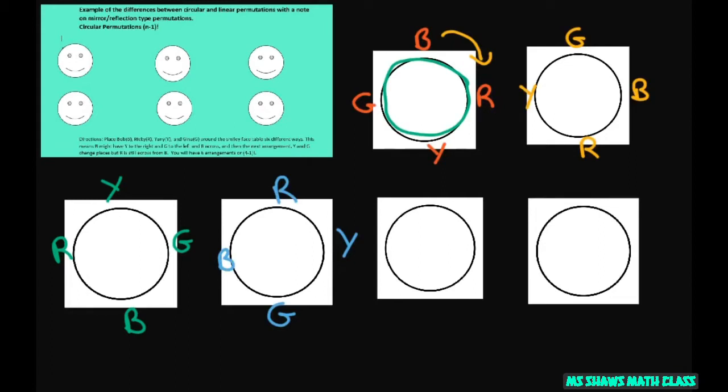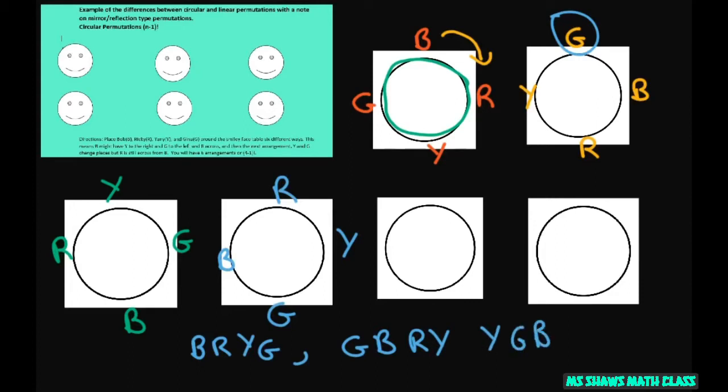Now, if they were linear, for the first one you would have Bob, R, Y, G. I'm just going to say the letters. You would have that one, then you would have, starting at the top, the starting part. And then you would have R, Y, G, B. You would have 4.